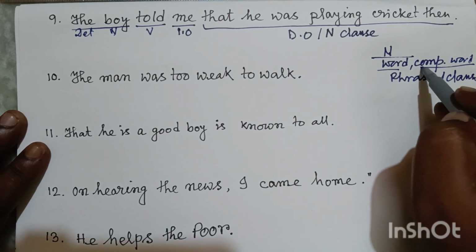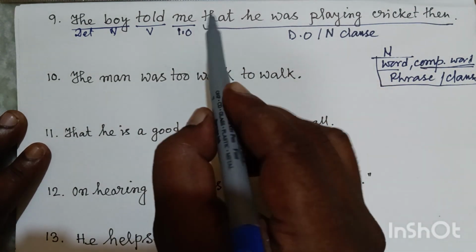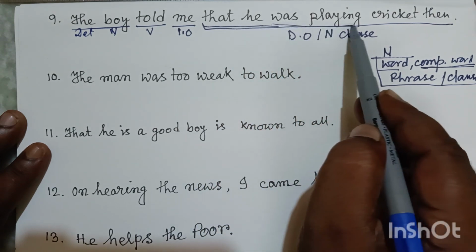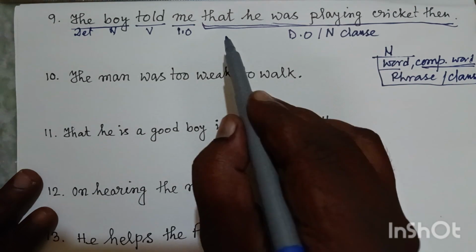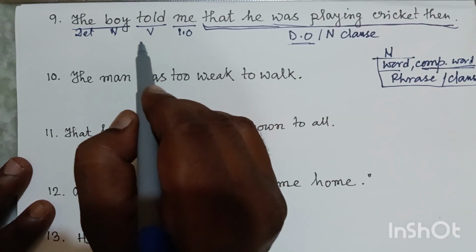So whatever it may be, that will be a noun. But here it is a subordinating clause and it is a noun clause. And this noun clause is acting as the direct object of the verb told.